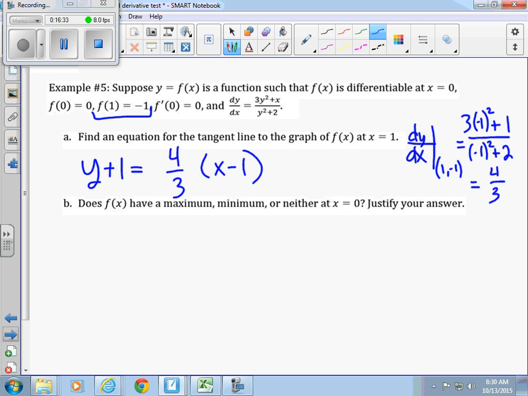So I'm going to have to use the second derivative test, which means I need the second derivative, since I have the first derivative. So I have to find the derivative, which we've done before, haven't we? Low d high minus high d low over low squared.